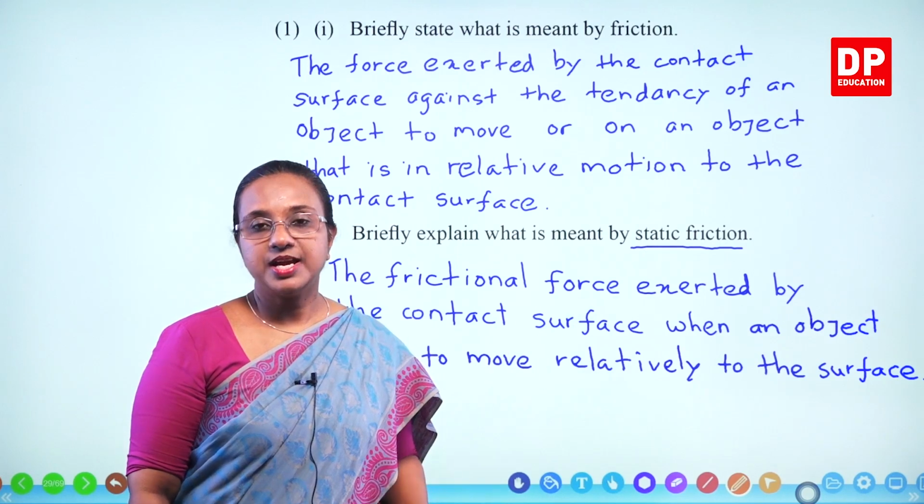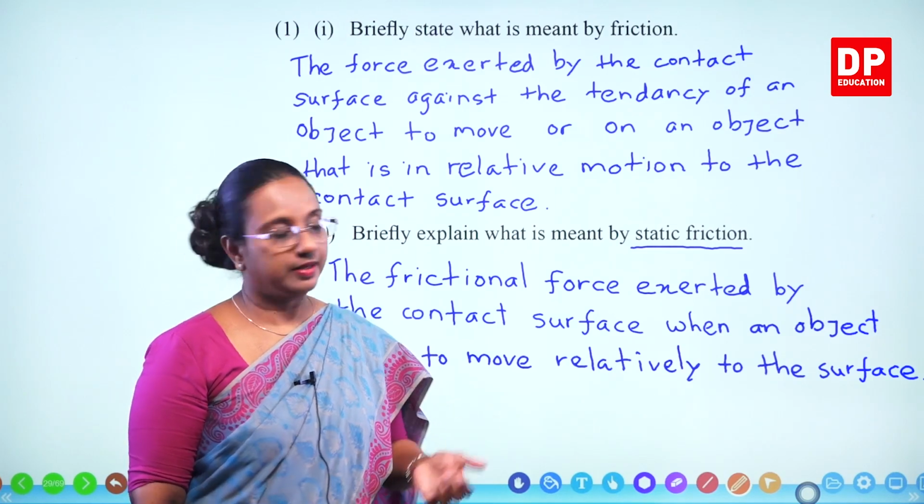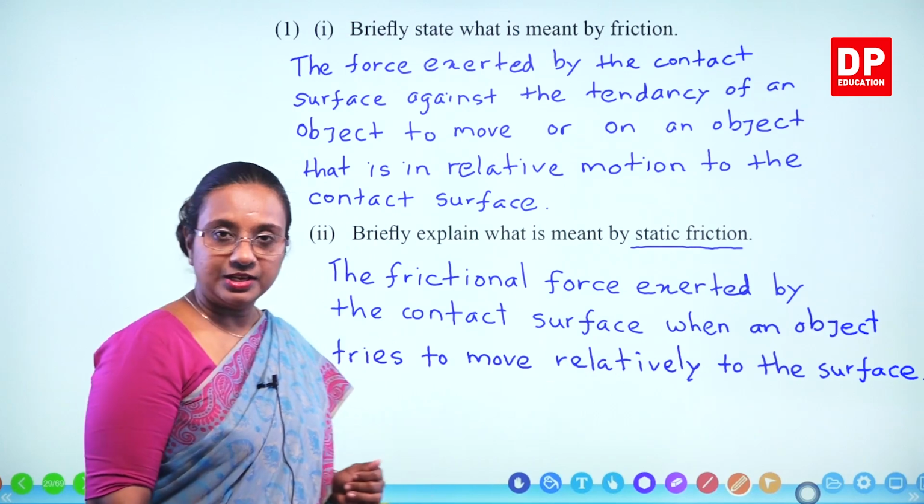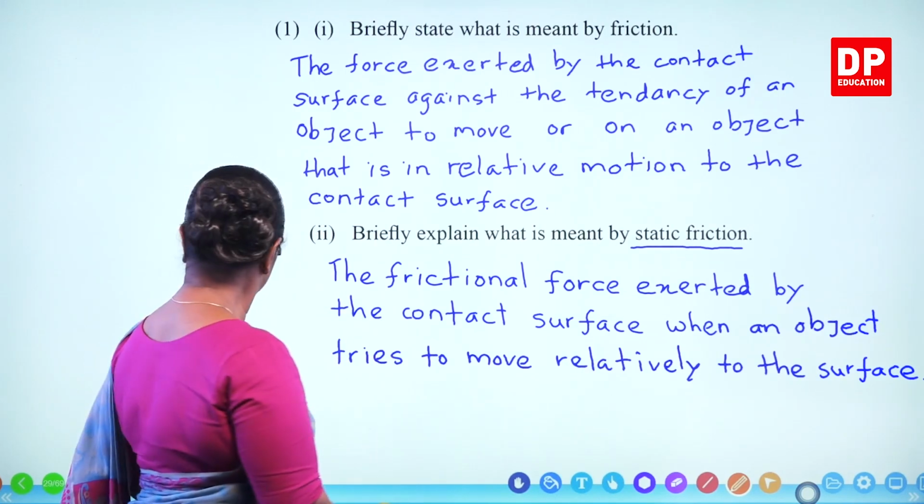Still, the object has not started moving. That is something you need to remember. We'll go to the next question.